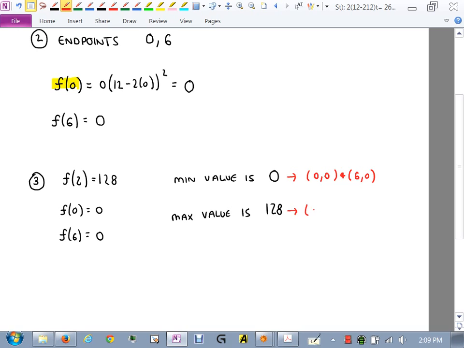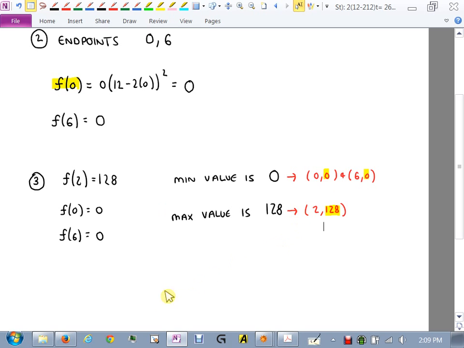And then here, I plugged in 2 for x and got 128. So what you can see here is the y coordinates are still represented. My minimum value is 0, my maximum value is 128, but by writing as an ordered pair, you're actually able to tell me where it happens, as opposed to just what it is. Understand? So on the test, I will ask you to write these as ordered pairs. List them out as points.